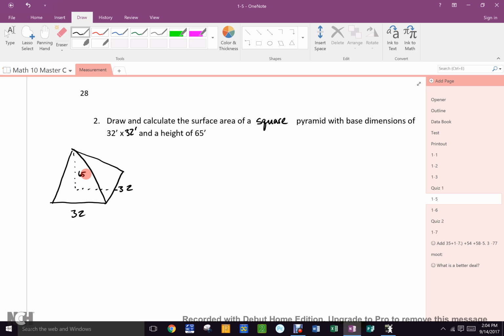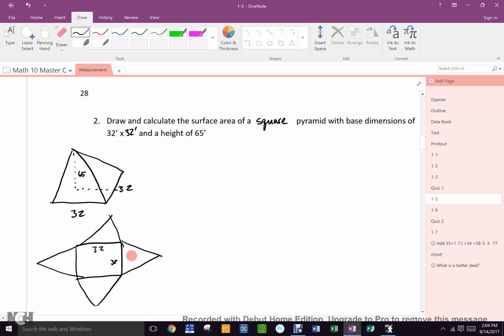Did anybody draw it this way? 32 by 32 with 4 triangles. Whoa. Because all those 4 triangles would fold up. Two ways we could do it, yeah?